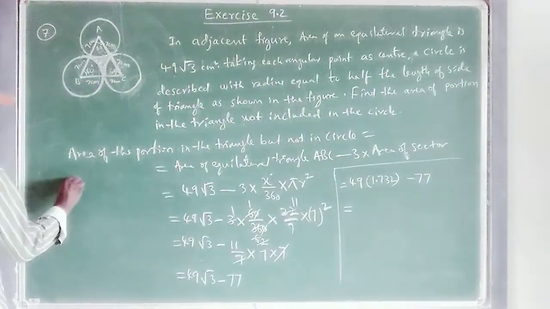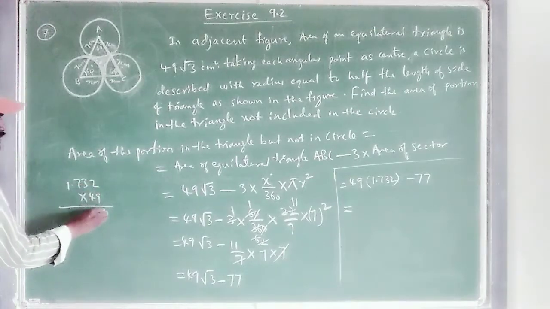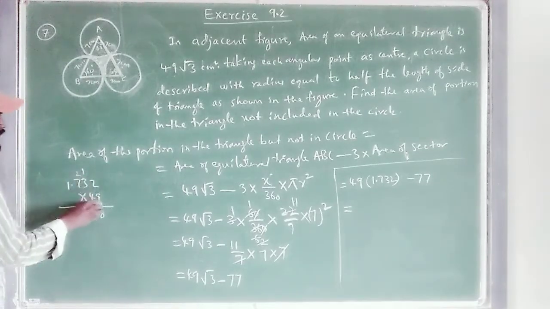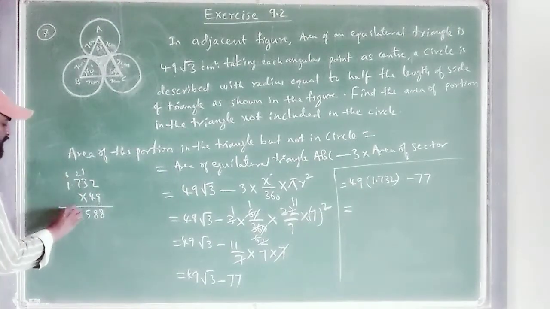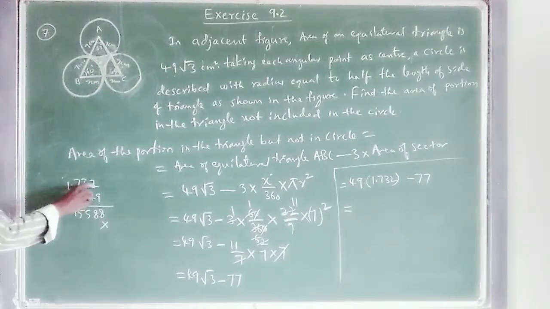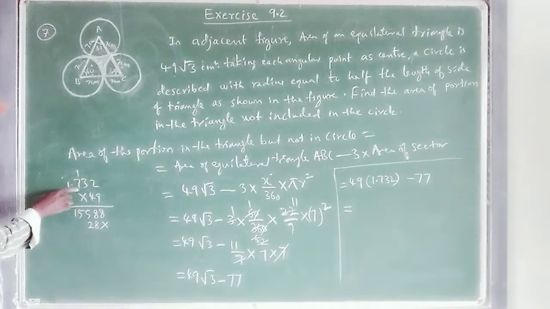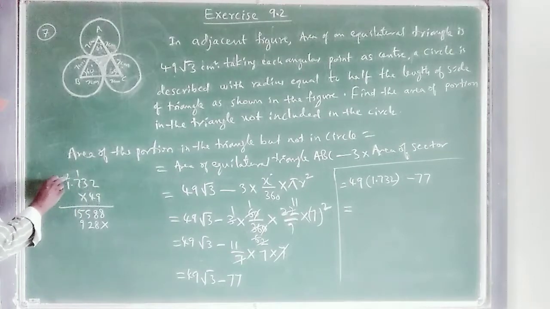Here 1.732 into 49. 9 twos are 18, 1 carry. 9 threes are 27 plus 1, 28. Again 2 carry. 9 sevens are 63 plus 2, 65. Again 6 carry. 9 ones are 9 plus 6, it is 15. So the multiplication with 9 is over. With 4 now: 4 twos are 8, 4 threes are 12, 2 here 1 carry, 4 sevens are 28 plus 1, 29, again 2 carry, 4 ones are 4 plus 2, 6.